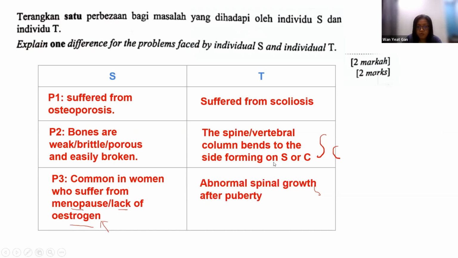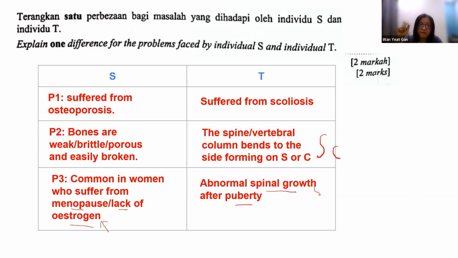For scoliosis, it is because of abnormal spinal growth during or after puberty. A teenage boy or girl would probably be undergoing a growth spurt, so the growth is so rapid that the vertebral column also has to grow fast.